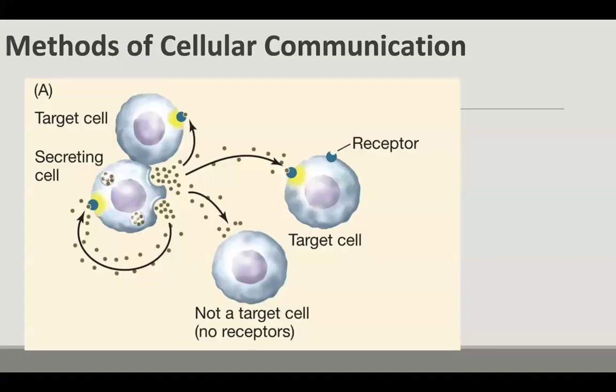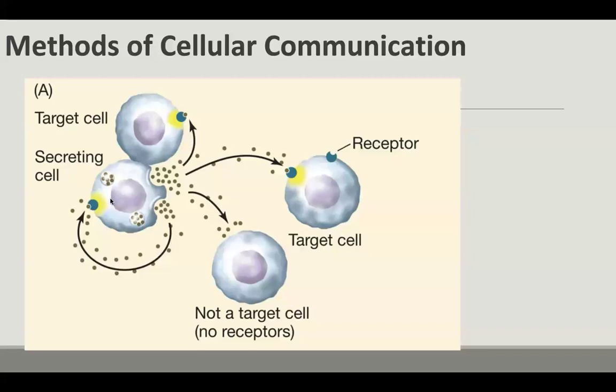So there are several methods of cellular communication. There's autocrine, juxtacrine, paracrine, and exocrine. So autocrine is when any signal that's sent out affects the signaling cell itself. So as you see here, a signal is sent out, it affects a different part of the cell. So something could be sent from the Golgi apparatus, and then from the Golgi apparatus, it goes and affects the mitochondria, for example.